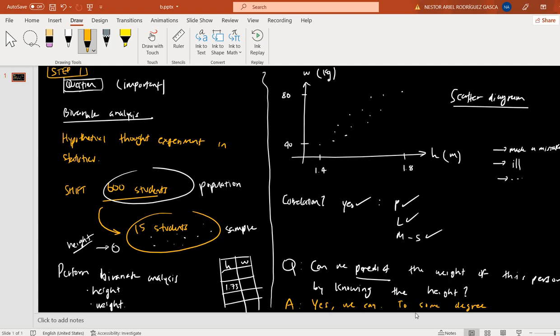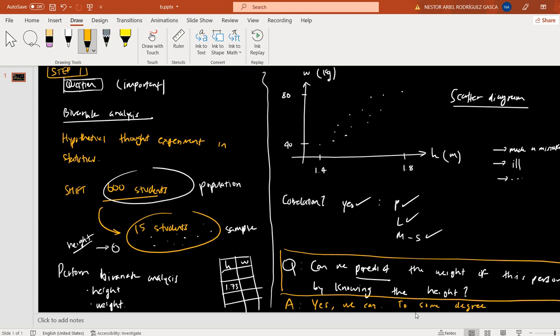To some degree, we can actually predict such weight, not perfectly, with some degree of error, but at least we can get a prediction. And how do we do this? This is the important question.